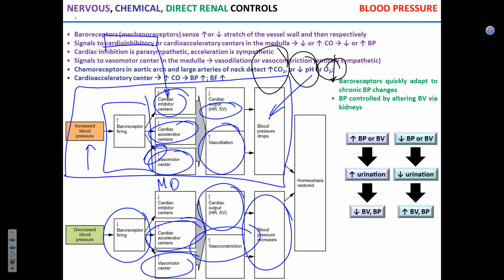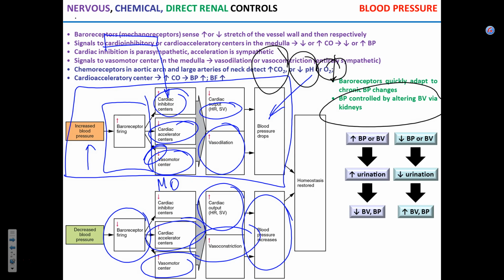And that leads to baroreceptors getting used to it. So they take the new elevated blood pressure as a new normal. So how can you regulate blood pressure in this case? In this case, the long-term control is renal.